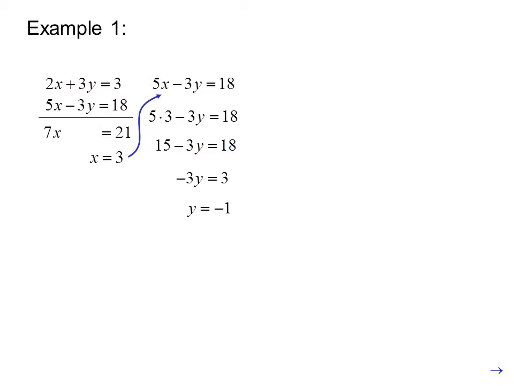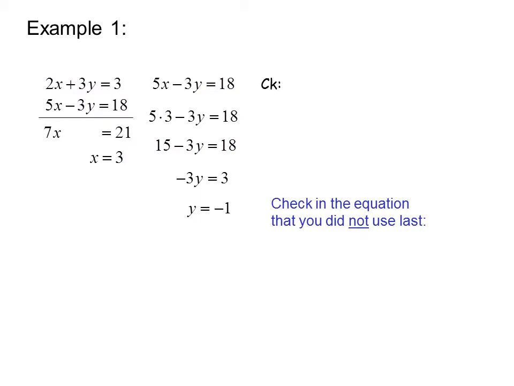We always have to check. There are too many steps to neglect checking our answer. We check in the equation that we did not use last. So here we check in the equation 2x plus 3y equals 3, because that is not the one we finished with.